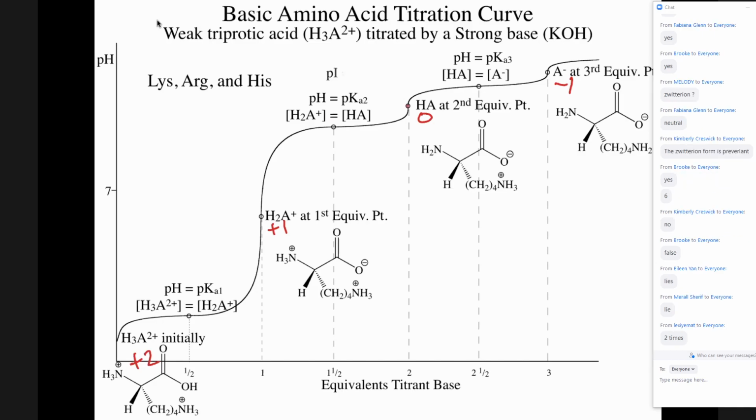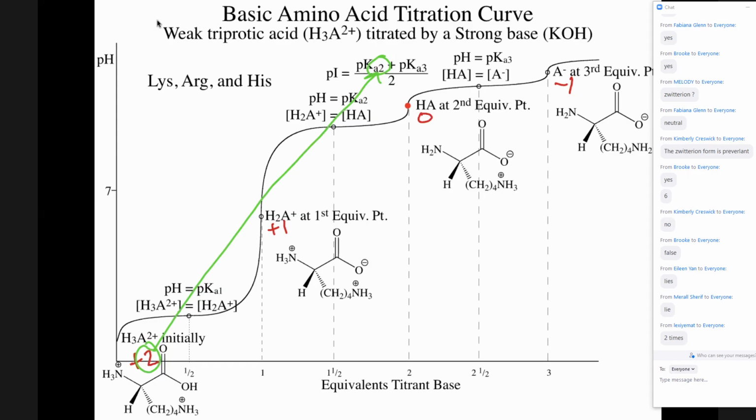Two times. Perfect. So, whoa, is it really this easy? If I know this number, do I know this number? Yes, it is really this easy. Isoelectric point, don't make more out of it, just recognize this.